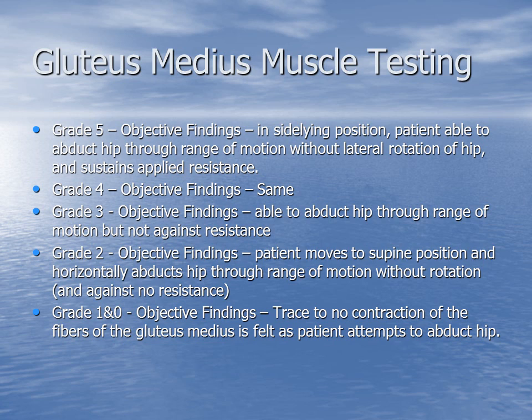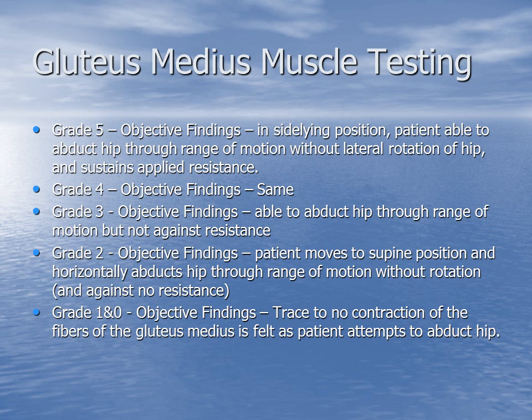And with a grade 5 rating of the gluteus medius muscle, we're going to see that with the examinee in the side-lying position, they're able to abduct their hip throughout the full range of motion without lateral rotation of the hip and without flexion of the hip, and they're able to sustain maximum applied resistance.